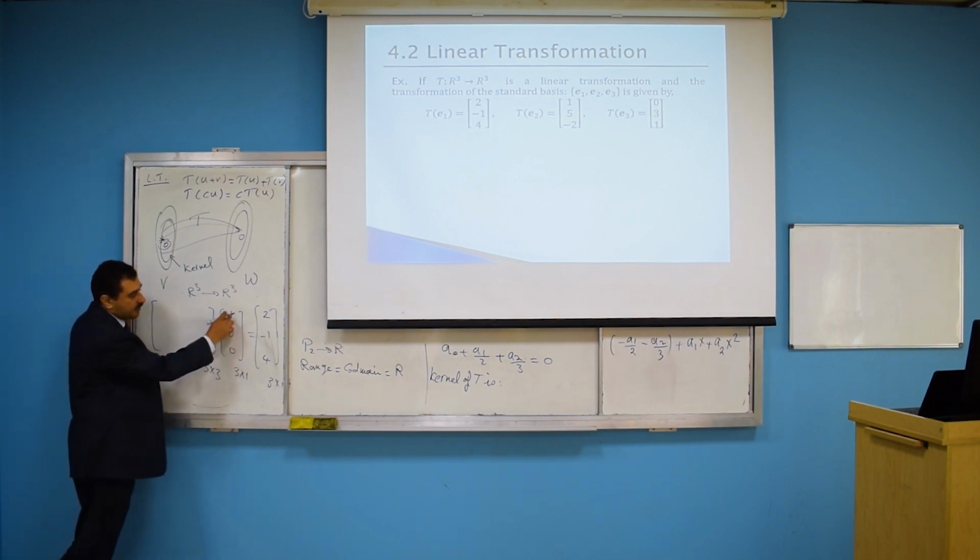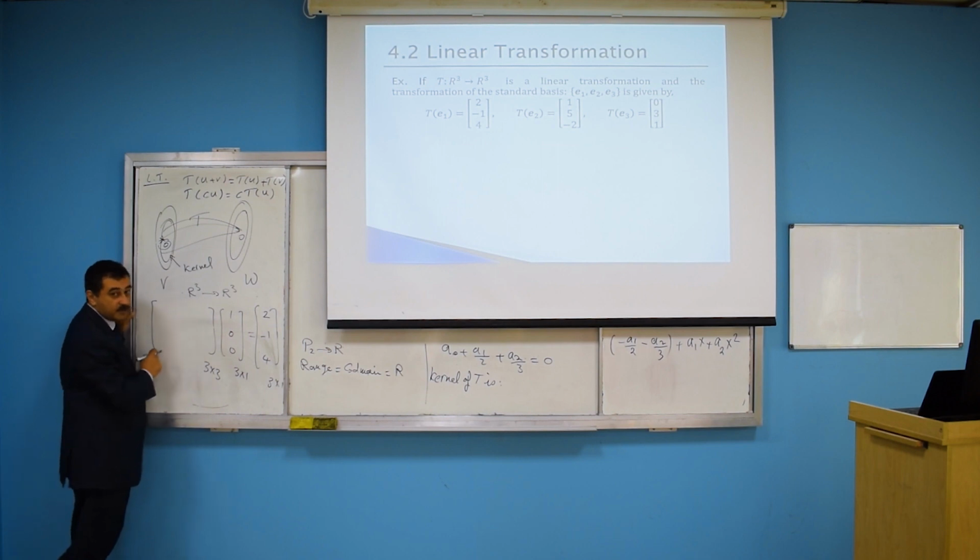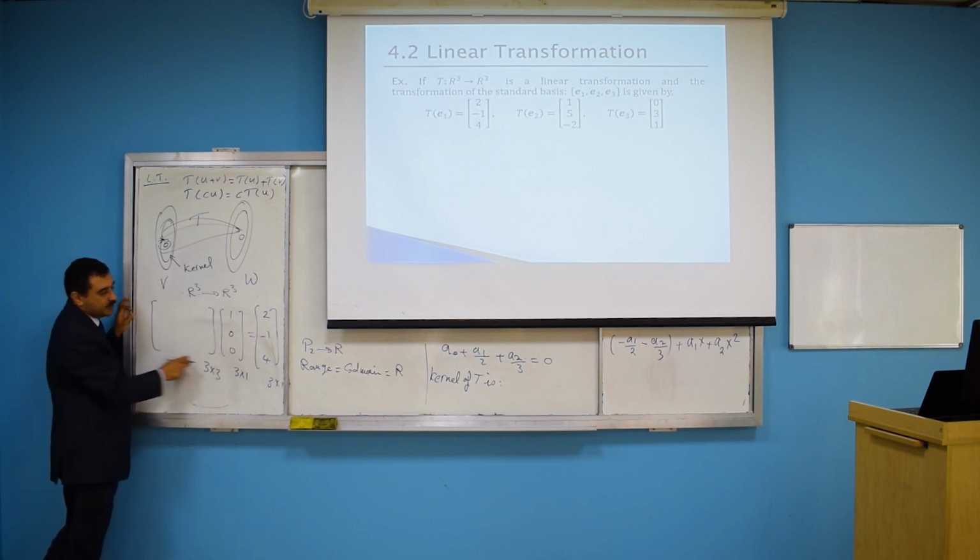So using the property of the matrix-vector product, it can be written as a linear combination of the columns of the matrix using these as weights. So the first column must be this guy, which is 2, negative 1, 4.